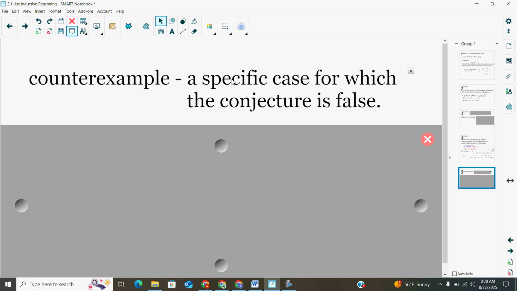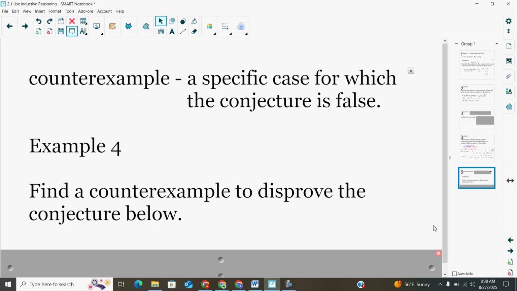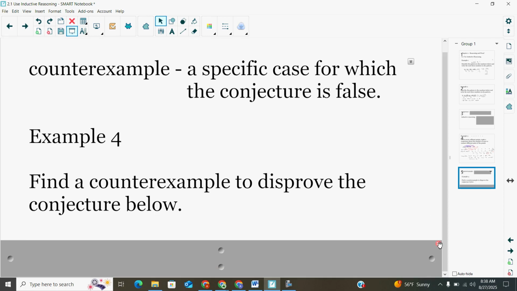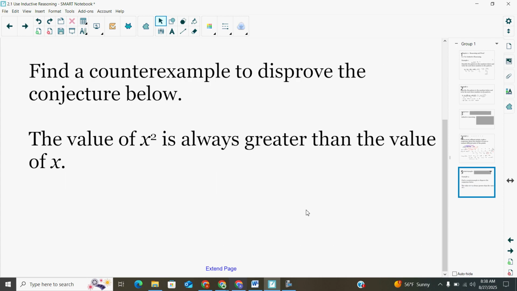If I can come up with one counterexample, that proves the conjecture false. So example 4, we're asked to find a counterexample to disprove the following conjecture.